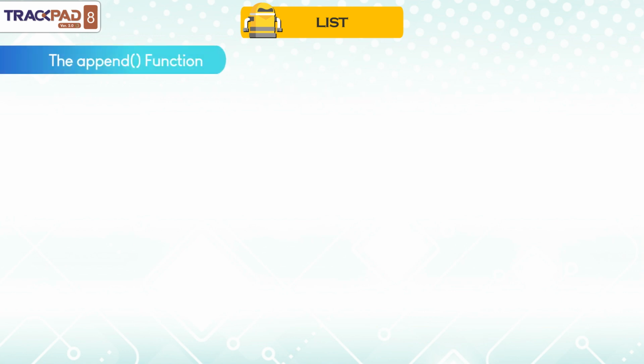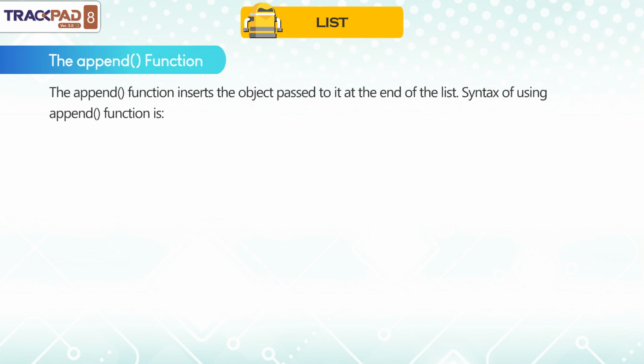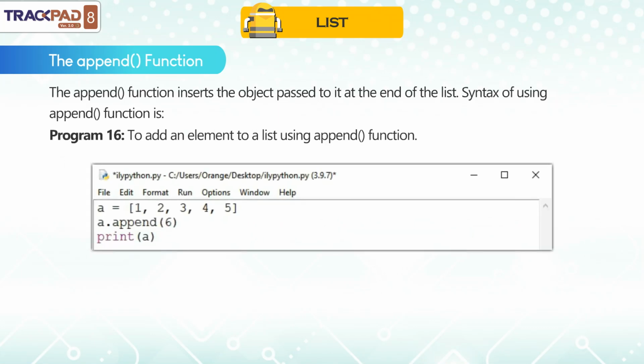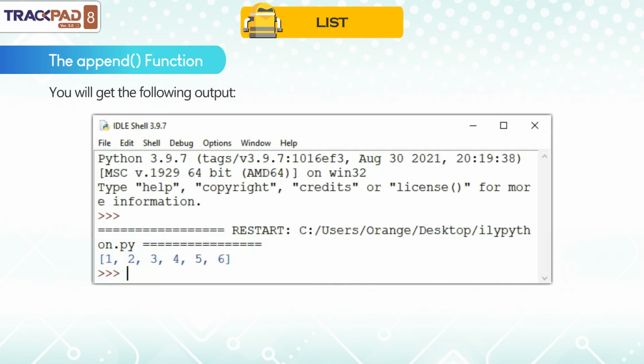The append() function inserts the object passed to it at the end of the list. Syntax of using the append() function is append(). Program 16 to add an element to a list using the append() function. You will get the following output.